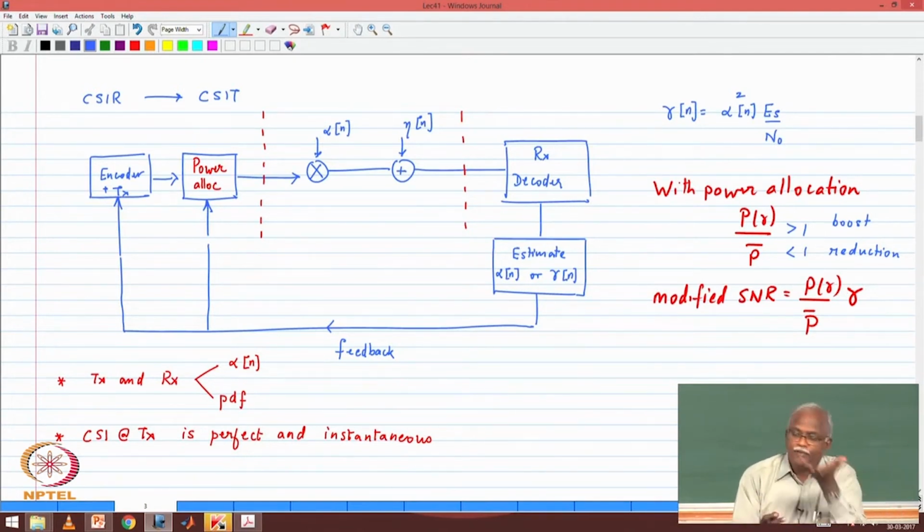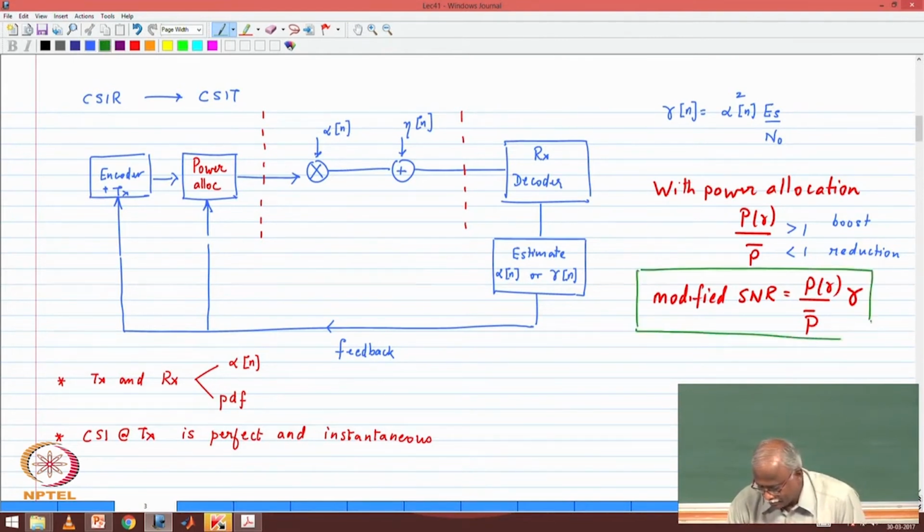The fading channel gave you an instantaneous SNR, and you have modified it under whatever constraint you have chosen. So the CSIT environment requires us to keep in mind that we have modified the SNR over the channel. That's a very, very important point.